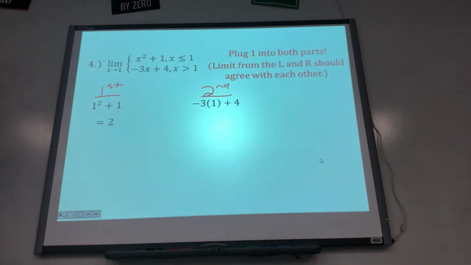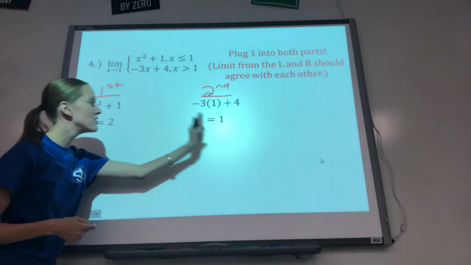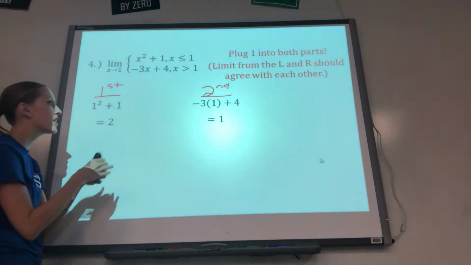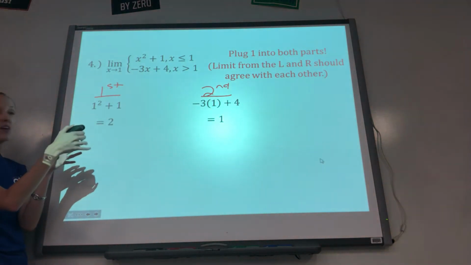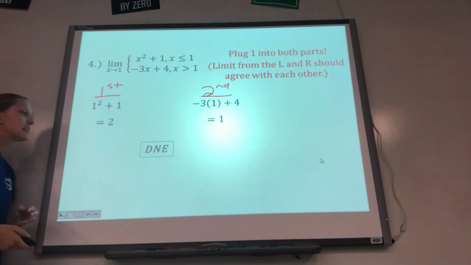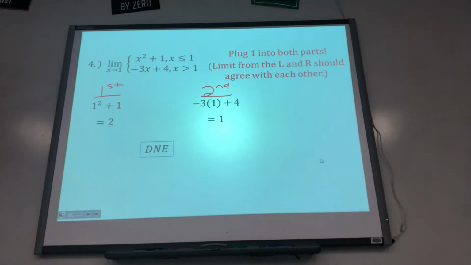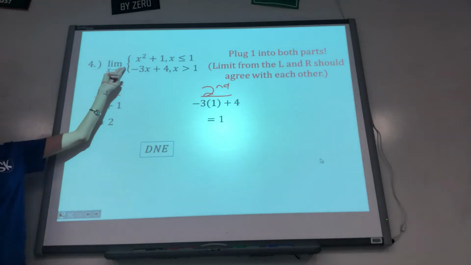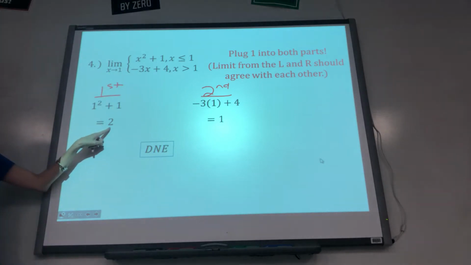Negative 3 plus 4 is 1. It says the limit from the left and right should agree with each other. When I say agree with each other, I mean that they should equal each other, and they are not equaling each other here. So we would have to conclude that the limit as x approaches 1 does not exist. If it just said from the left, that would be my answer.